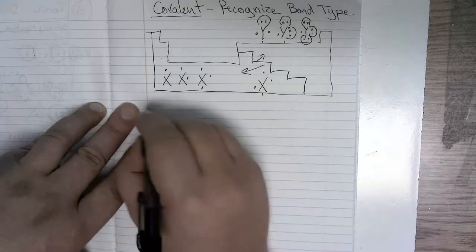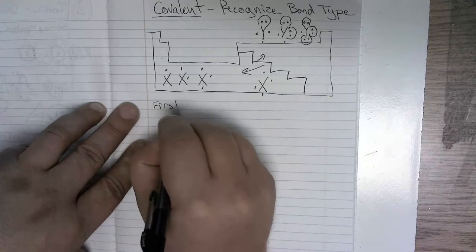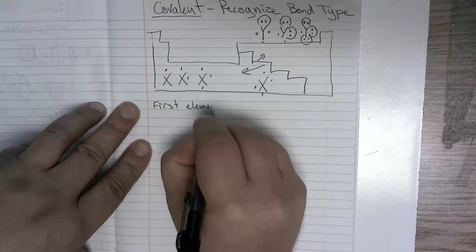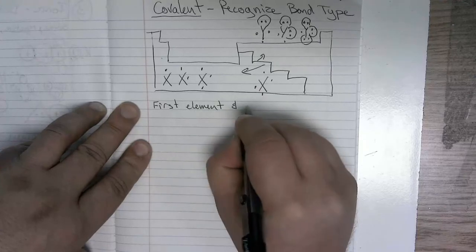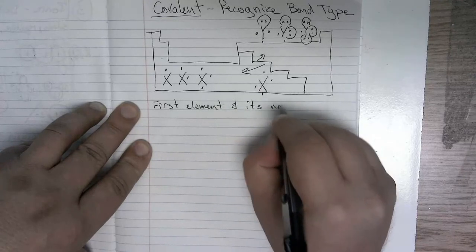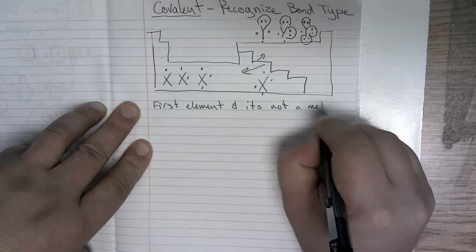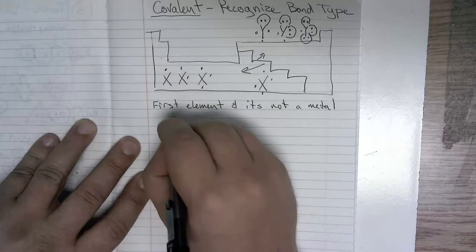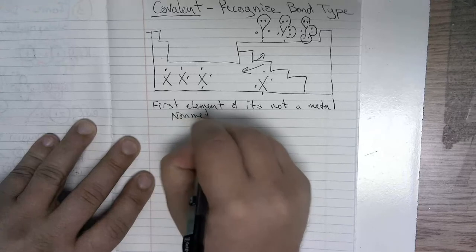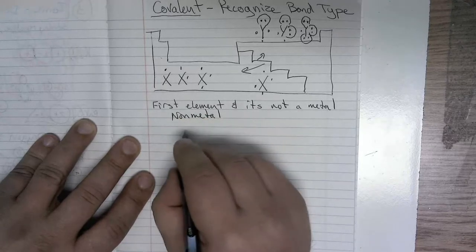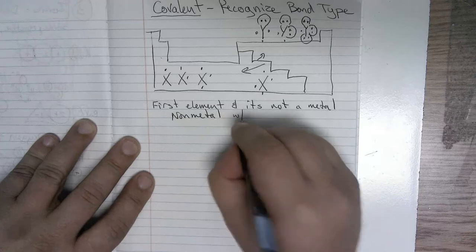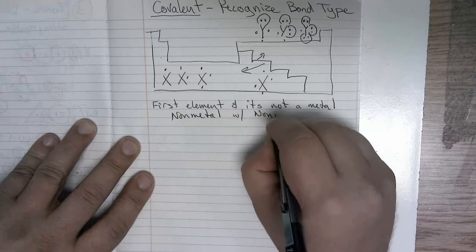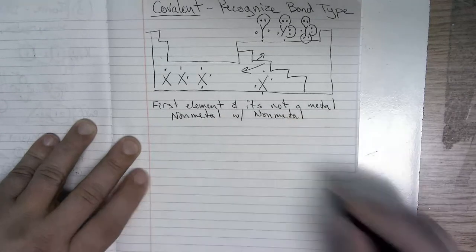Well, you look at the first element, and it's not a metal. So covalent bonding occurs when the nonmetal with a lot of dots reacts with another nonmetal with a lot of dots.